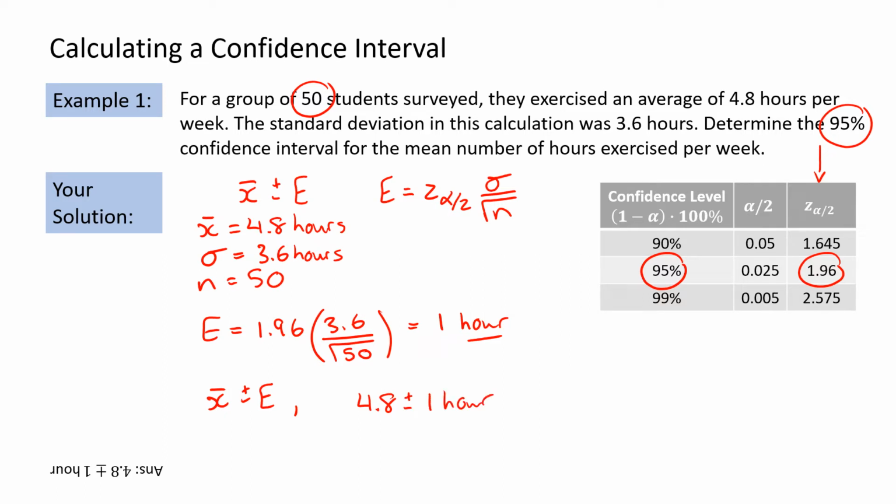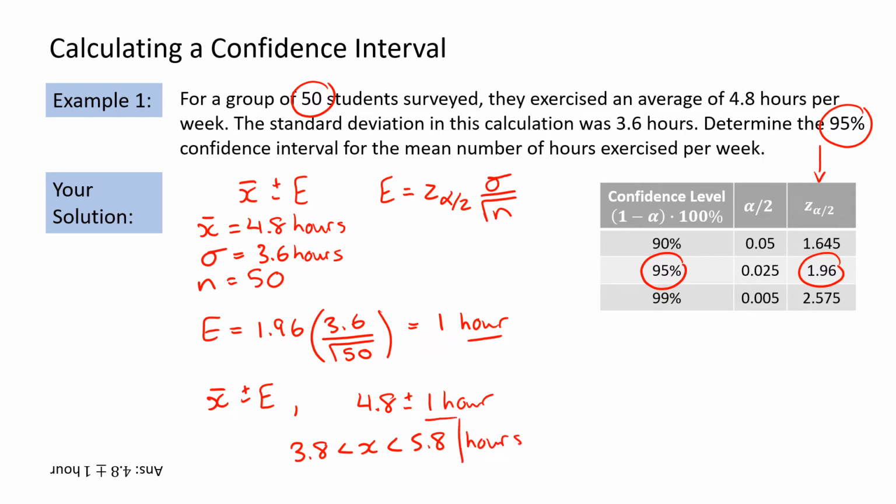Okay, so in other words, it means that 3.8 hours, which is our minimum, 4.8 minus 1, is less than whatever our sample, x, is, which is less than our maximum, which would be 4.8 plus 1, which is 5.8 hours.